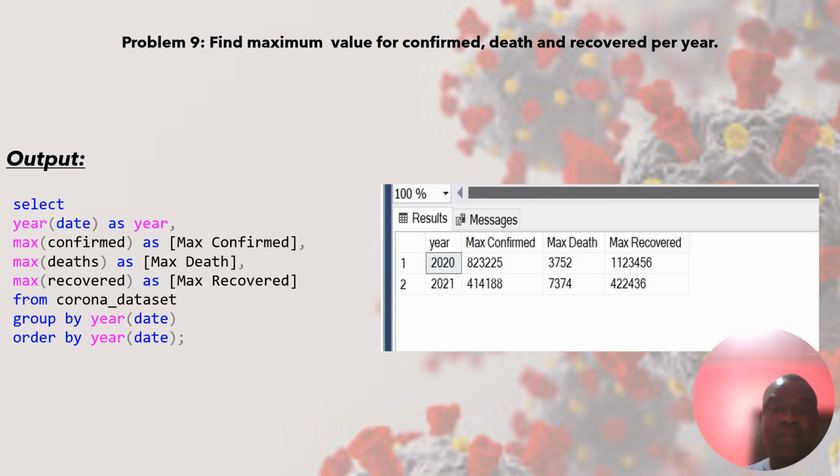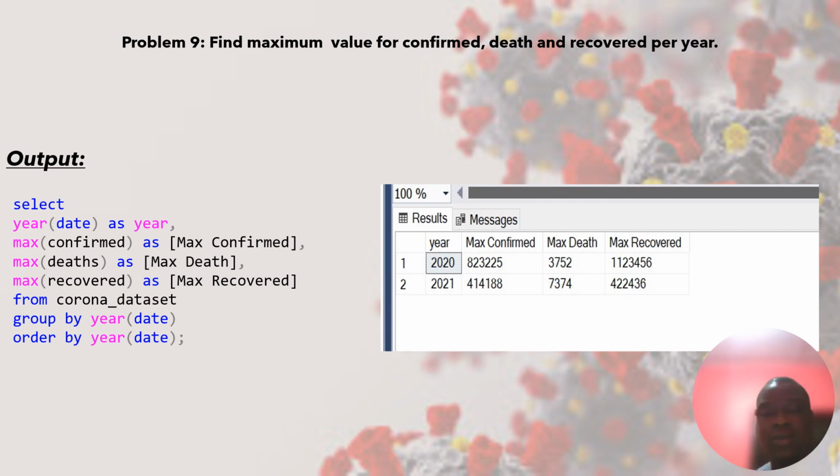In 2021, we have 414,188 confirmed cases. If you see the trend, in 2021 the confirmed cases reduced compared to 2020. That means the measures put in place by our health practitioners and government really worked, and the number of confirmed cases reduced in the year 2021.